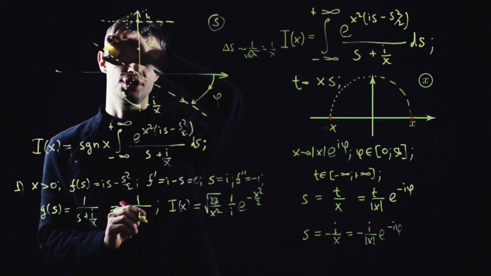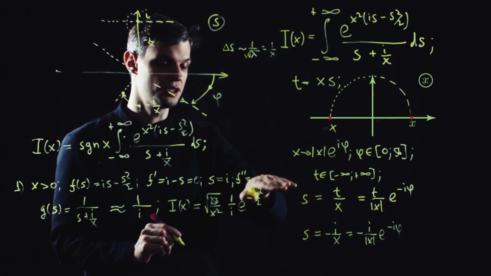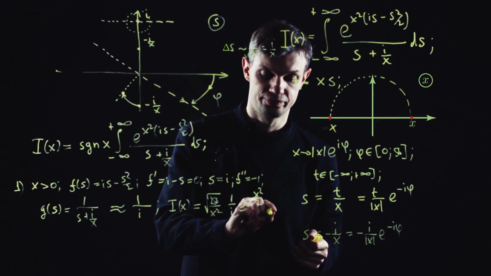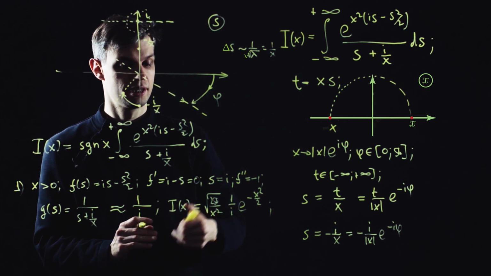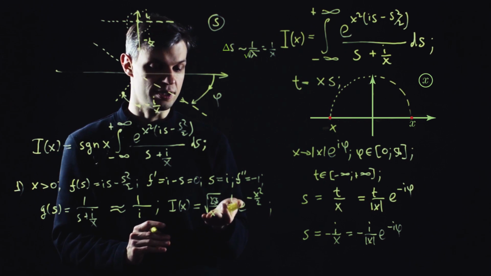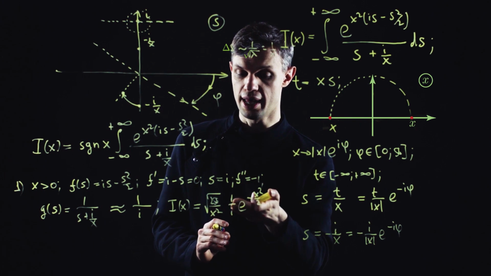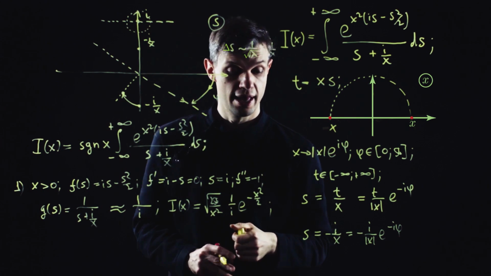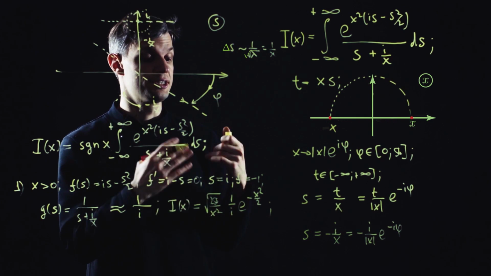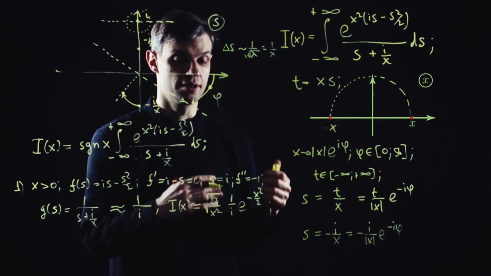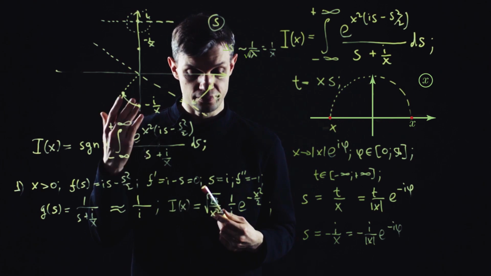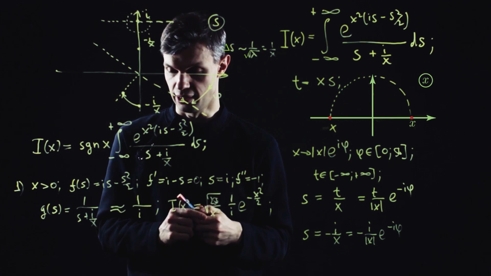The steepest descent direction angle is 0, so there is no additional argument here. And that's it. That's the correct asymptotic. So it's square root of 2 pi divided by ix times the exponential. It's just the same asymptotic that we gained from the technique without rescaling.